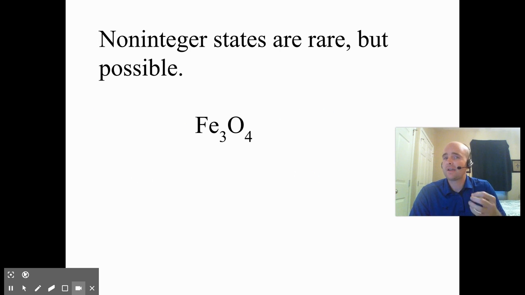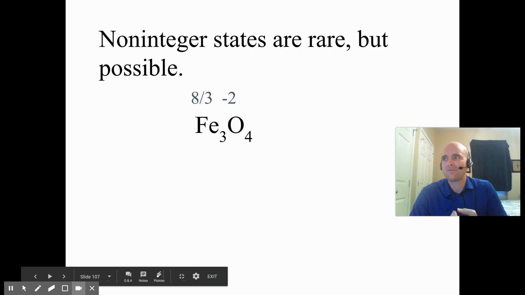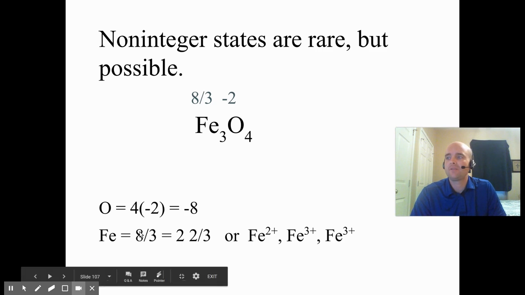You could actually get a non-integer state, meaning I would get something that looks like that. I would get 8/3 for iron. That's a little crazy, but the reason is that there are 2 different common oxidation states of iron.